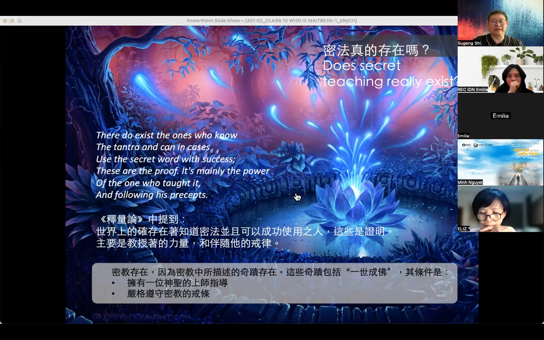This is from Commentary on the Valid Perception. So there do exist the ones who know the Tantra, meaning secret teaching, and can, in cases, use the secret word with success. Yeah.